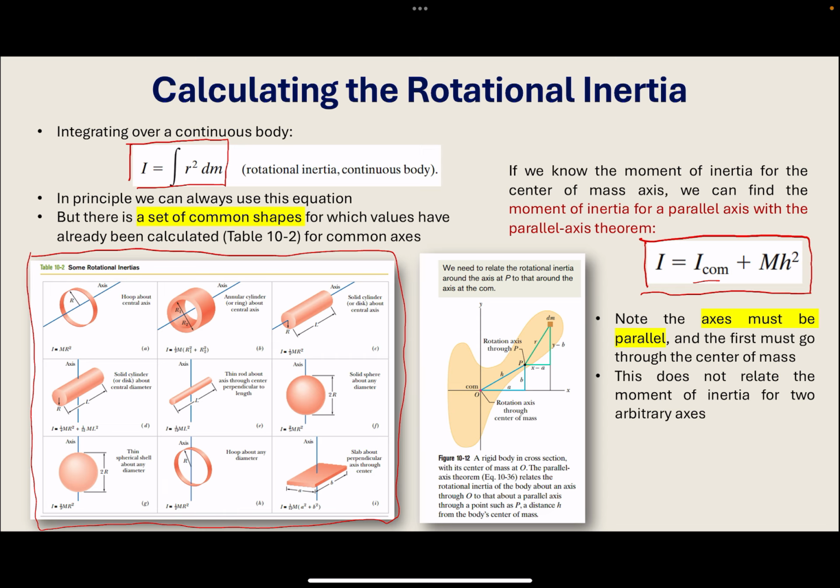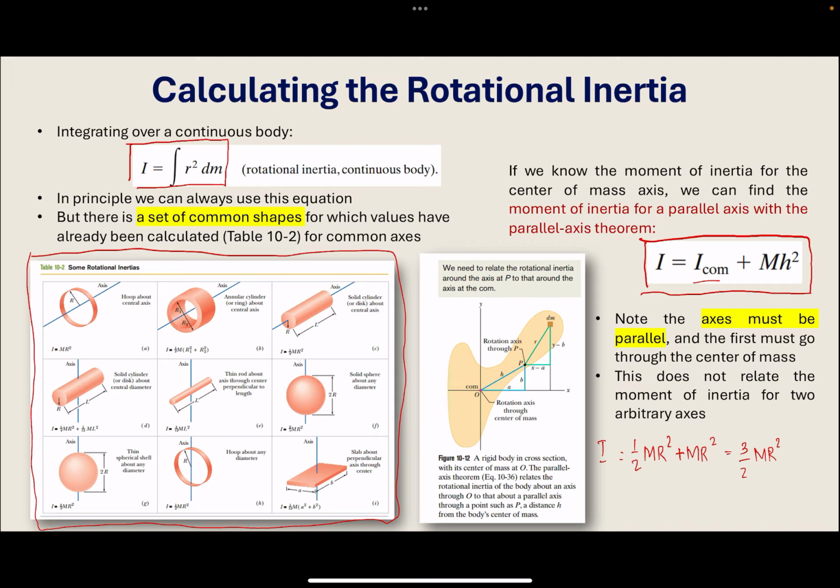Okay? For example, if a solid disk rotates about its edge instead of its center, we can find its moment of inertia as I equals one half m r squared plus m r squared, equals three over two m r squared.